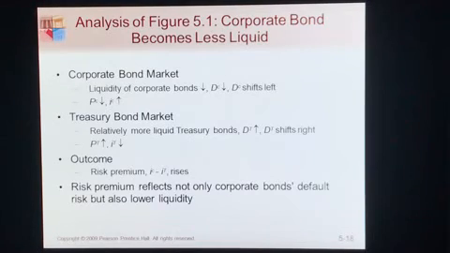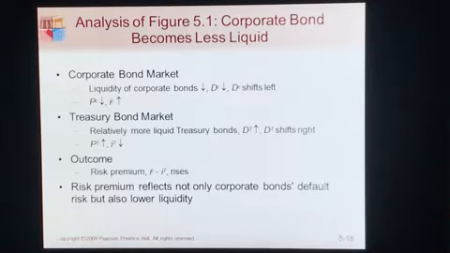For example, in the case of corporate bonds, if the liquidity decreases, it will also decrease the demand, the DC will shift, and the price and the interest rate of the corporate bond will have an opposite relationship. And in the case of treasury bonds, if the price increases, the interest on these treasury bonds will decrease, so it will have a negative relationship.